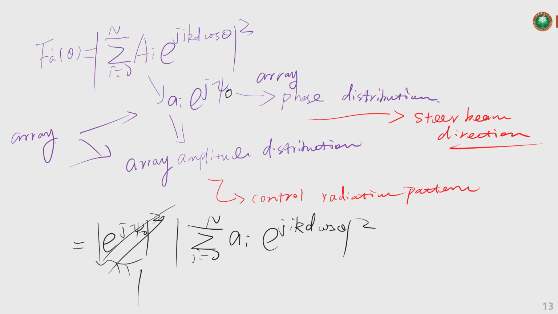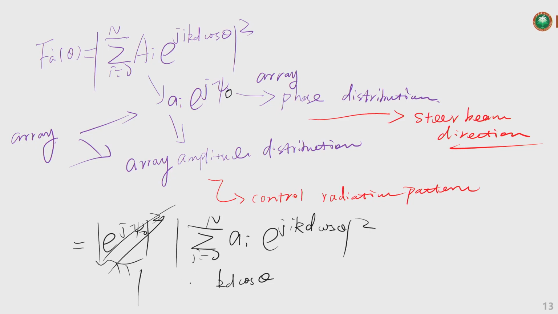So this term comes like this one, and we assume k d cos theta is related to the phase difference between each element, right?